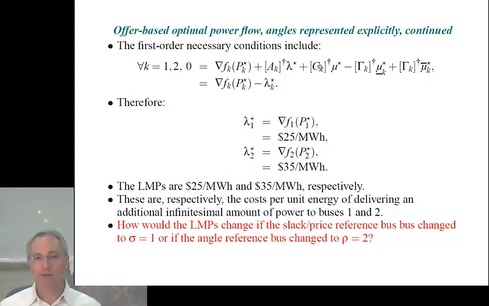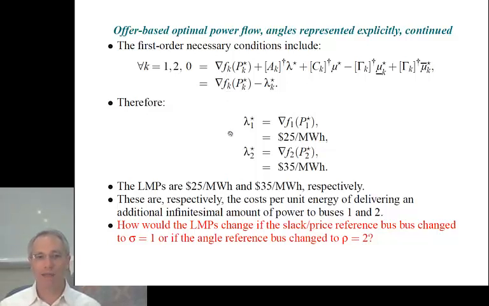CK is 0. The term corresponding to each generator is 0. AK is equal to -1 for generator K. So that tells us that 0 is equal to the offer or marginal cost, since we assume that the offers are equal to marginal costs, minus lambda K star.